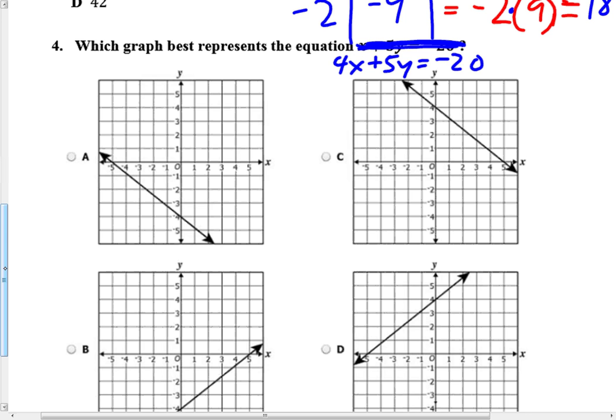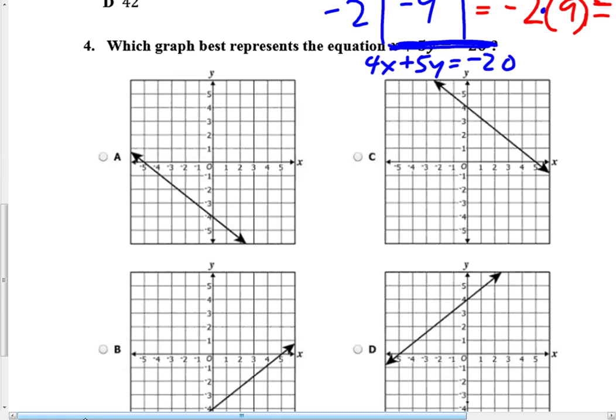Can I answer that on the calculator? No. You have to get y by itself. That's the big idea. So write down, get y alone. They're testing whether or not you can manipulate the equation and get y all by itself. So that's what we should do.